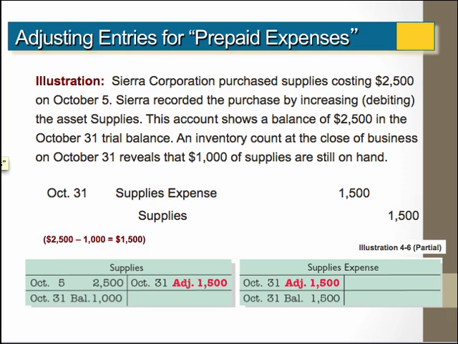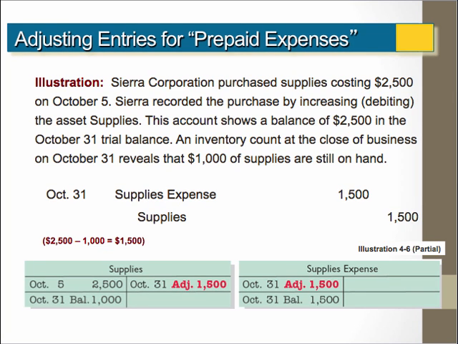So here's an actual example. Sierra Corporation purchased supplies costing $2,500 on October 5th. Sierra recorded the purchase by increasing or debiting the asset account. This account shows a balance of $2,500 in the October 31st trial balance.